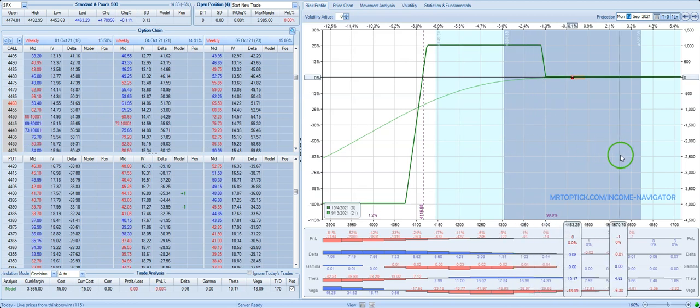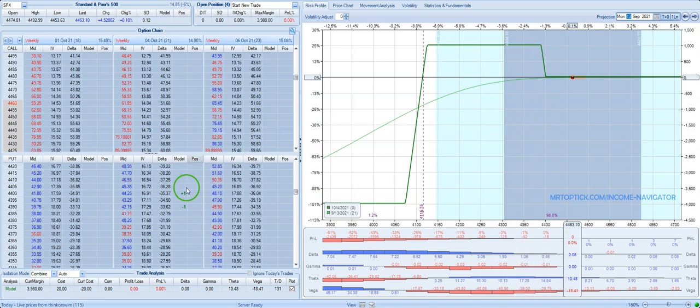This darker gray area is what the market is pricing in as far as expected move. One expected move to the upside will put S&P at around 4620, and one expected move to the downside will put the S&P somewhere around 4305 or so.